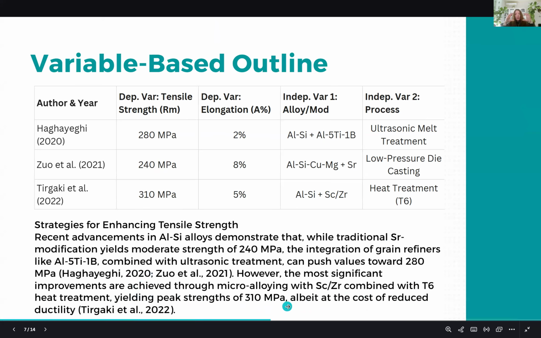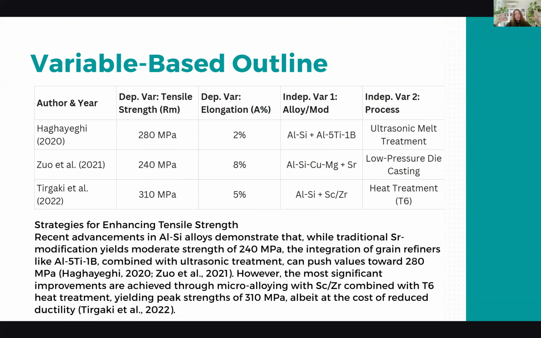So as you can see, we've taken all of our data points about tensile strength and elongation, as well as our independent variables, and combined them into a single passage. And please notice that there are references to specific publications, so where the data came from.